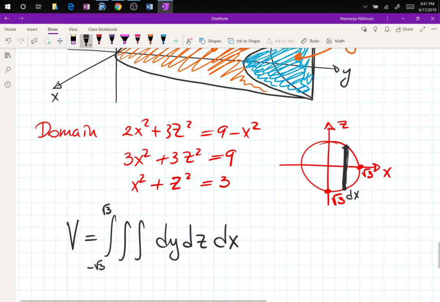Yes, the middle one, the z ones. z equals the square root of 3 minus x squared. That's the top, and the bottom is the negative.